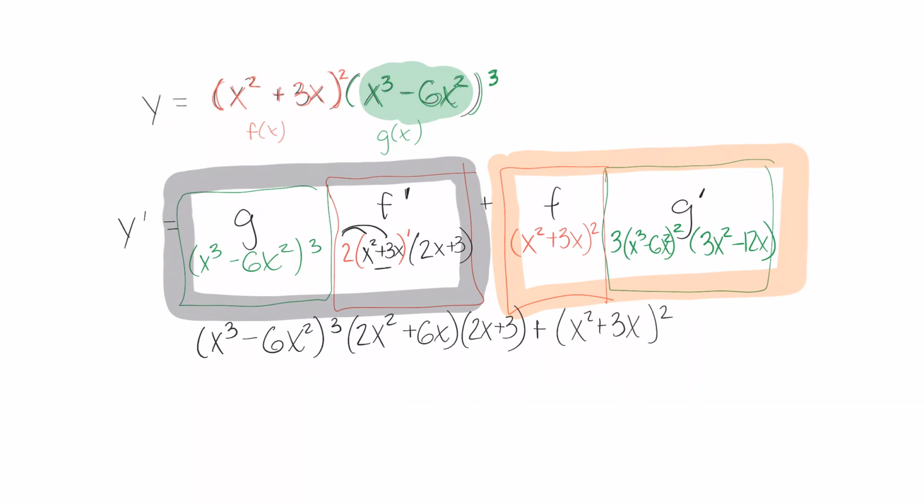And then in here, we can multiply this 3, not into that because it has a squared, but we can multiply it into here because this does not have an exponent. So I'm going to multiply this 3 into here, which gives me 9x squared, and that 3 into here, which gives me negative 36x. And then we still have this guy, x cubed minus 6x squared, squared. What a mess.